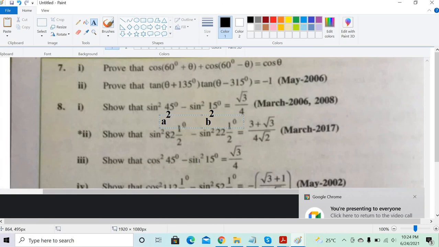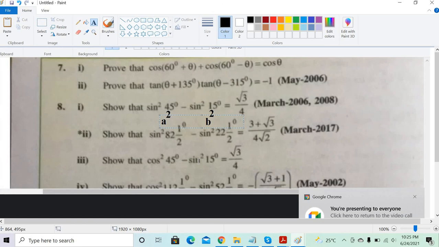You can write 105 as 60 plus 45. We can also write it as sine 90 plus 15, and that is cos 15. Sine 15 value you remember, right?